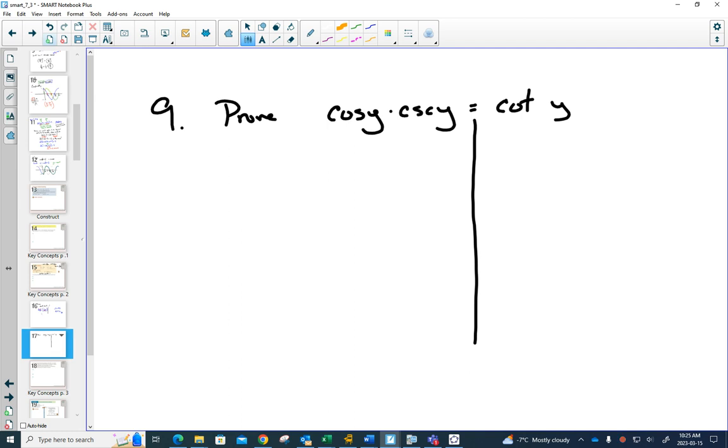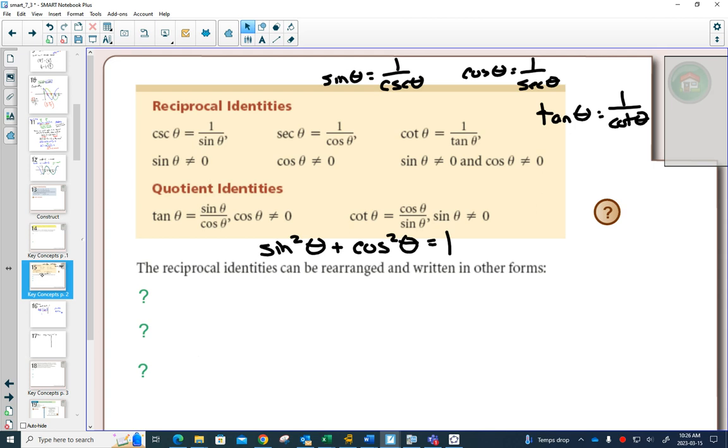So one of the strategies that becomes very important, if we look at our list that we have here, notice that every single trig function could be changed to either sine or cosine. If you have cosecant, it can be changed to sine. If you have secant, it can be changed to cos.